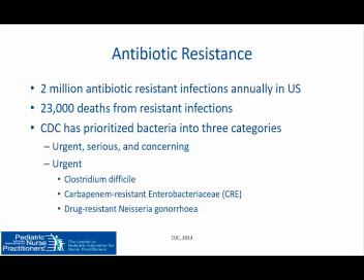And what the CDC did is they published a document in 2013 really prioritizing certain pathogens, whether they were urgent. So those urgent ones are C. diff, CRE, and gonorrhea. And then they also look at urgent and serious. And you'll be surprised when you see the serious one, because we all think MRSA is much more urgent, but there's a lot of concern about C. diff.